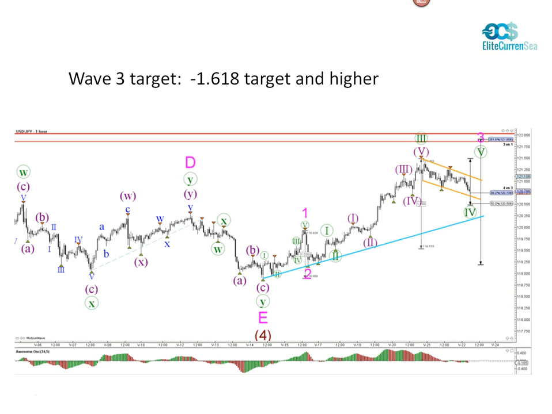Now what about the wave 3 target? When of course price bounces at the wave 2, we get the continuation of the wave 3. And here we see price often going to the minus 1.618 target and higher. This is what we should expect. If price does not get that far, if it only goes to the minus 0.618 target, then most likely price is actually in an ABC.